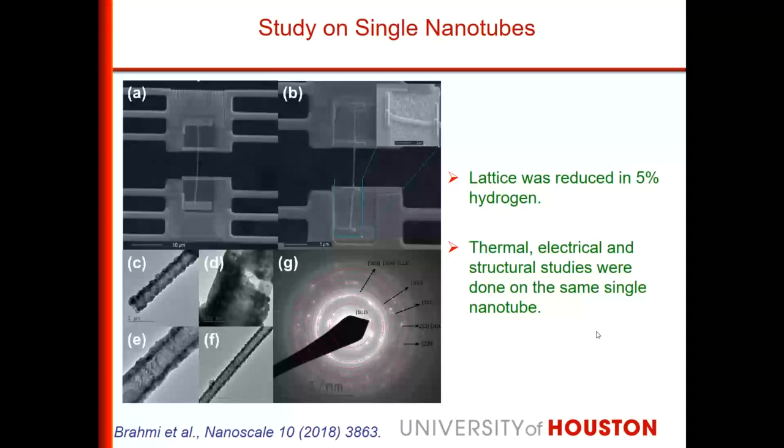That means the material has become p-type. That means holes are rich in that material. That had never been observed. This is the first time anybody is observing the transition at low temperature in a single nanotube. In bulk materials, nobody observed this.